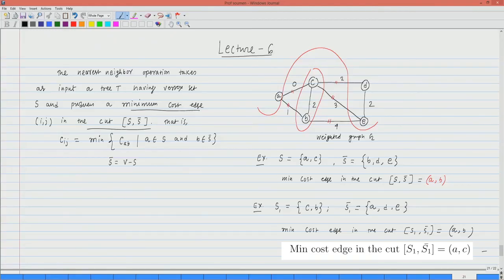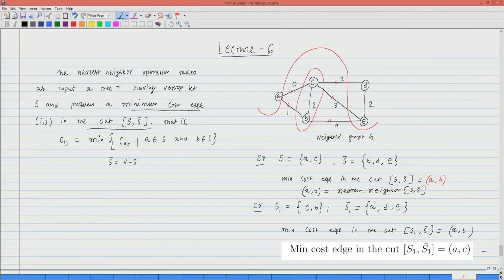Now, so we will write in this way: the nearest neighbor, for this example, AB is the output of the operation nearest neighbor of S complement.